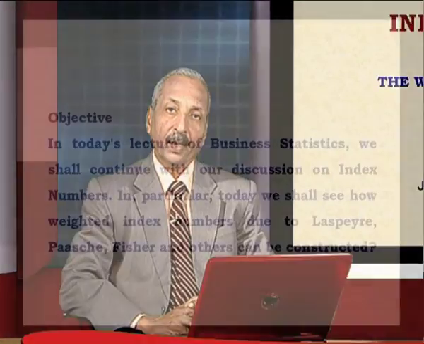Now, if we give equal weights to all the items while combining them in order to have a formula for the index number, then it is not proper. Therefore, it is more appropriate to give different weights to different items depending on their utility or their importance in the family budget.